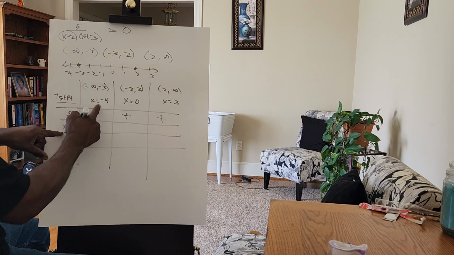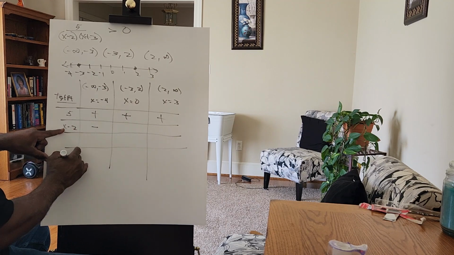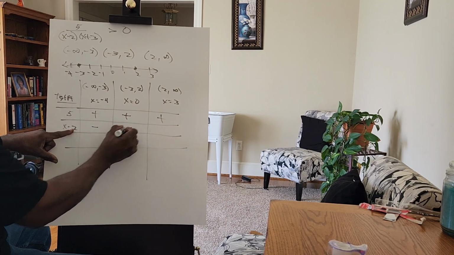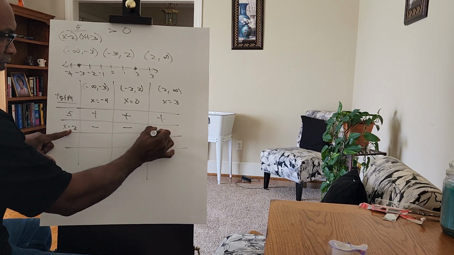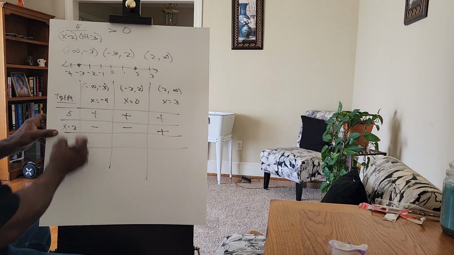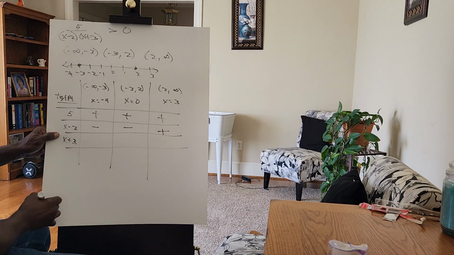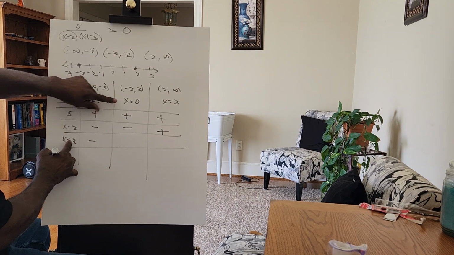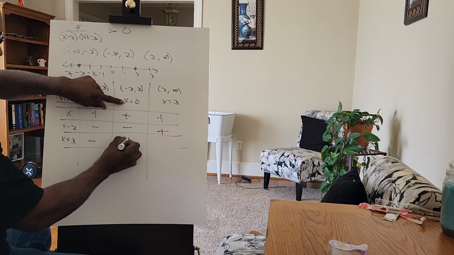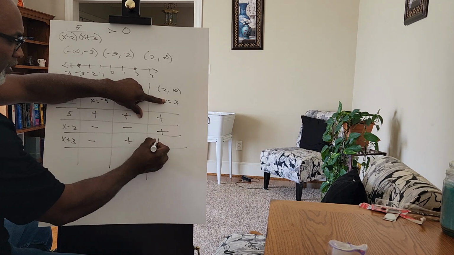With test point negative 4, negative 4 minus 2 is negative 6. With test point 0, 0 minus 2 is negative 2. With test point 3, 3 minus 2 is positive. Then I take the factor x plus 3. With test point negative 4, negative 4 plus 3 is negative 1. With test point 0, 0 plus 3 is positive 3. With test point 3, 3 plus 3 is positive 6.